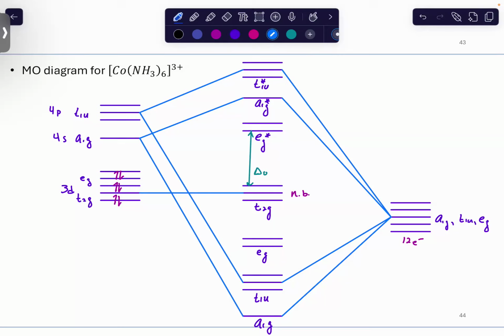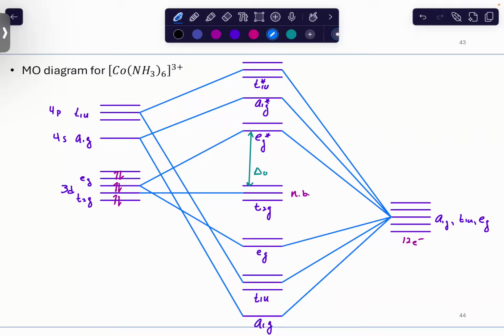Now let's see, EG is going to go to there. T2G is going to come down to here. Going to go there. Go there. Does that get us everything? I think that gets us everything.